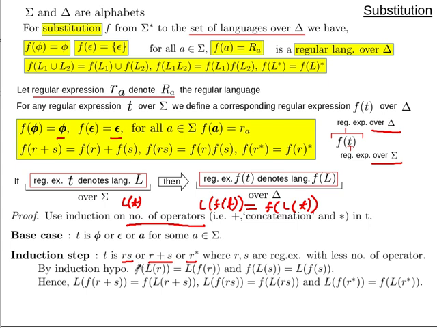So by induction hypothesis we have this over say R and S because they have fewer operators. So once you have this, then if you take L of this thing, we have already proved this thing because of this and this, right?